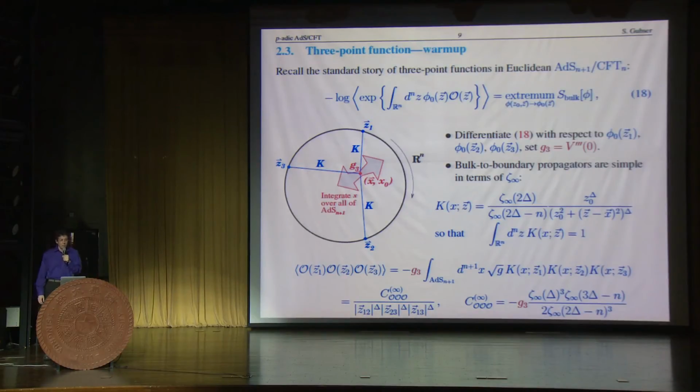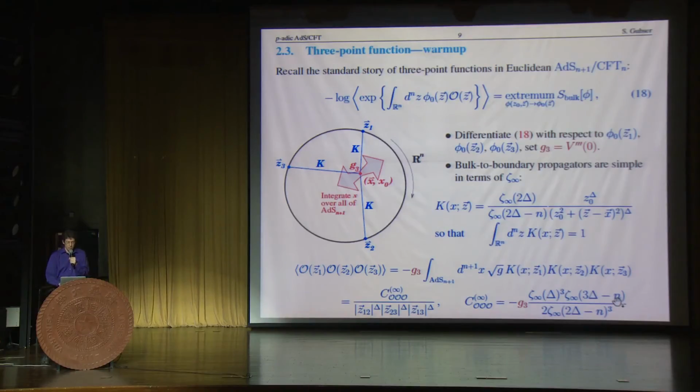Now, let me speed up a little bit and remind you of the way we compute 3-point functions in the real case. I simply take bulk-to-boundary propagators, I make them meet at some bulk point, I then integrate over this bulk point. The bulk-to-boundary propagators, it turns out, are nicely expressed in terms of the local zeta function. I'll have more to say about that in the future. And the 3-point function comes out as the obvious product of the z_ij's, up to a normalization, which itself is easily written in terms of the local zeta functions.